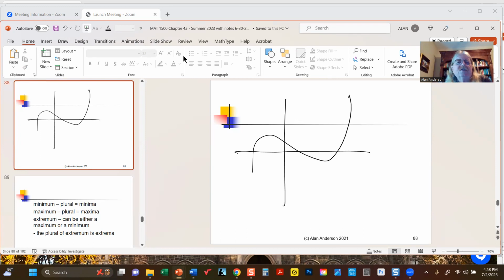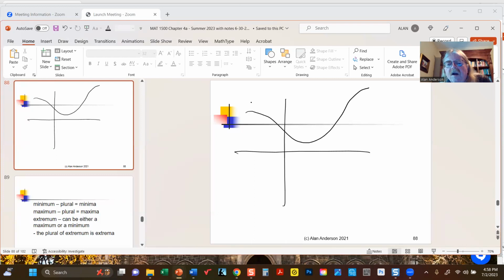And actually, let me try that again. If we're only restricted to the first quadrant, that means no matter what happens out here, this, the way I've drawn it, appears to be a global minimum.